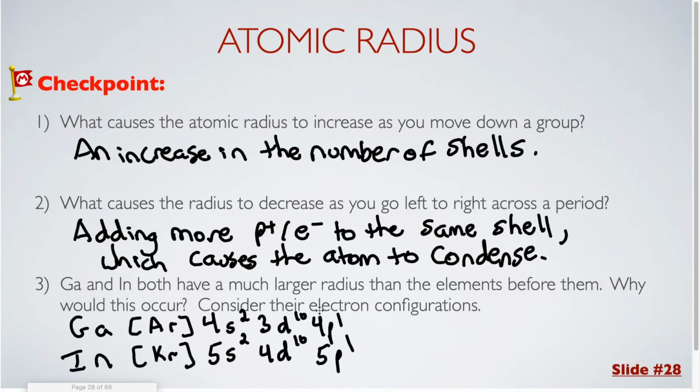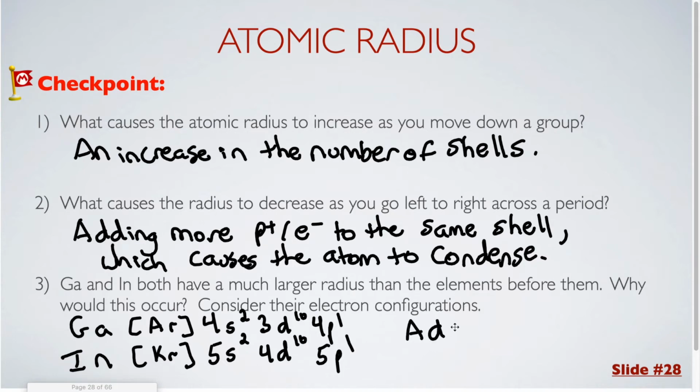And then we add a 4p orbital, which is going to be further away from the center of the atom. That's going to cause a little jump in radius. It's not significantly larger. It's not like when you add a whole new energy level, but it is going to be enough that you would see it within a graph. So why would this occur?